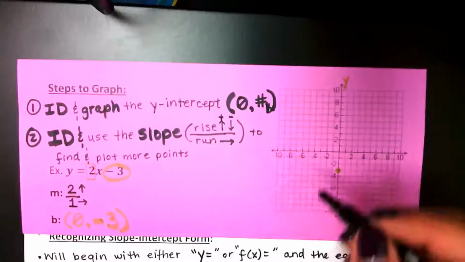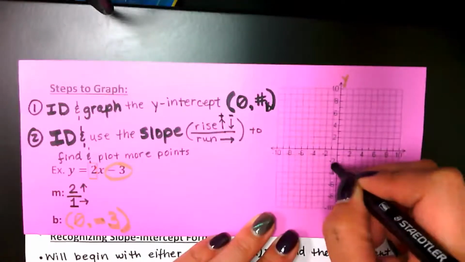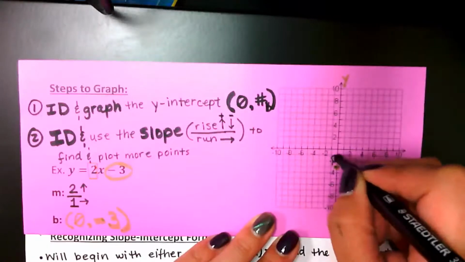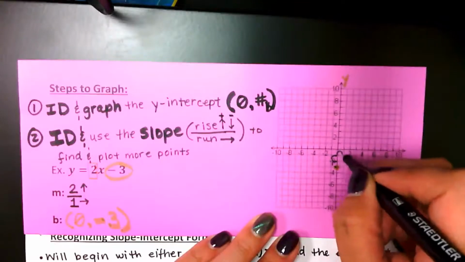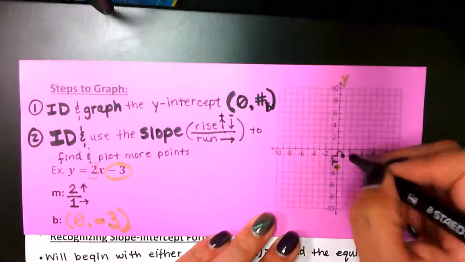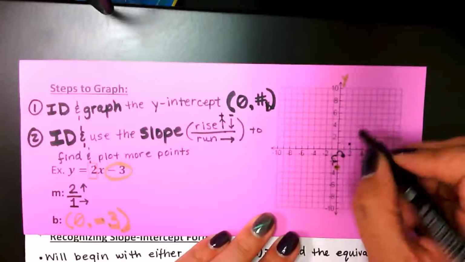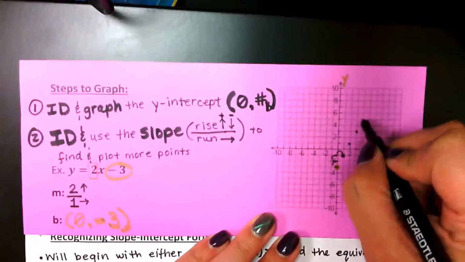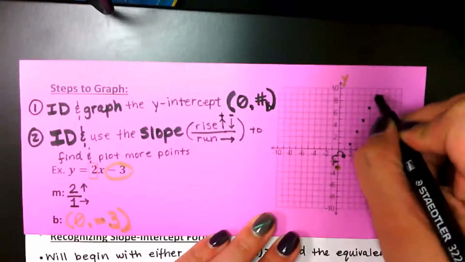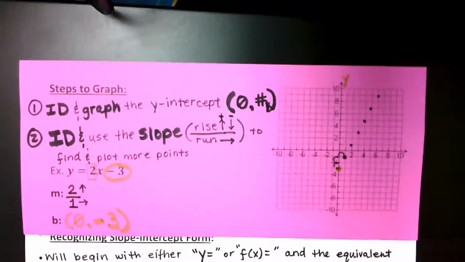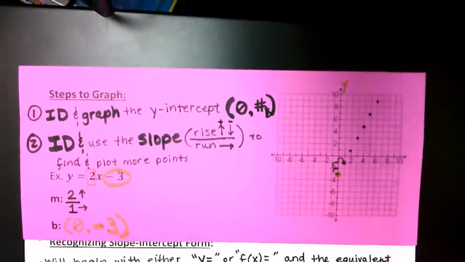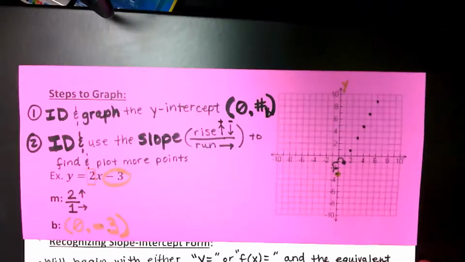So let's go ahead and do that right now. I'm going to go up 1, 2 units, and 1 to the right. And I'll continue going up 2 to the right 1 until I, well, run out of space. Now, I've run out of space going from left to right, but I can always continue.